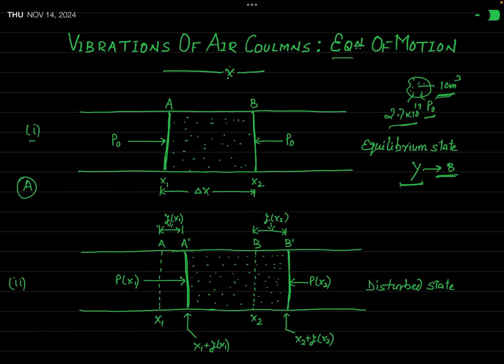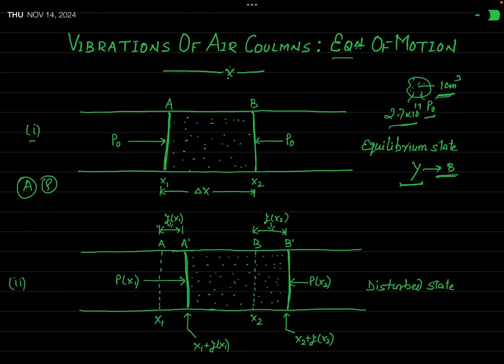This cylindrical tube is filled with a gaseous system, or you can say air or gas is contained in this cylindrical tube. We also assume that the density of the gas contained in this cylindrical vessel is rho.